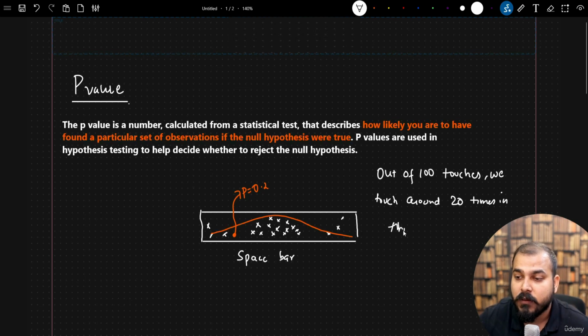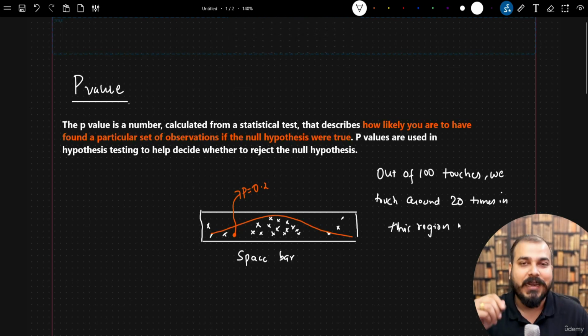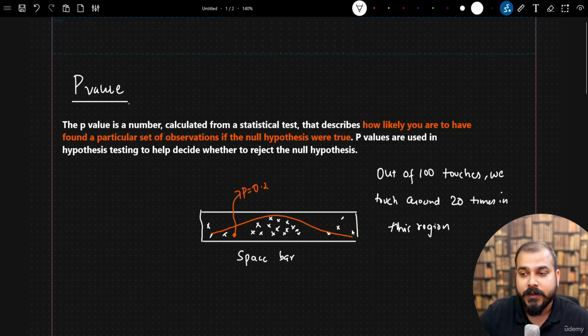This is in layman's terms what exactly p-value is. P-value is basically talking about the probability of a specific outcome in a specific region. If I say p is equal to 0.2, I'm basically saying out of 100 touches, we touch around 20 times in this specific region.